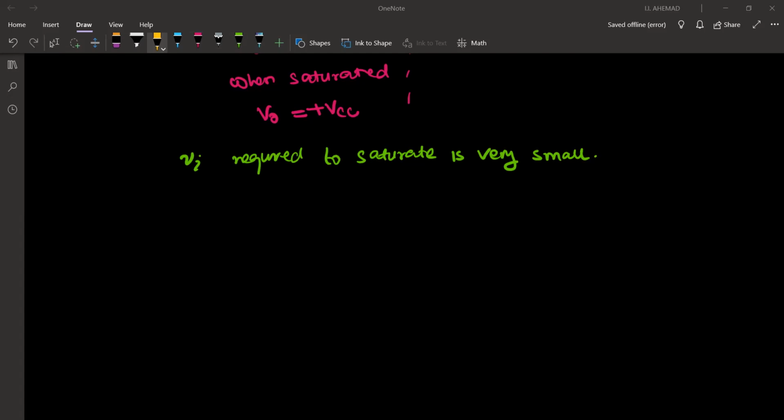Okay, so we can use this one as a voltage comparator. Next topic, voltage comparator.